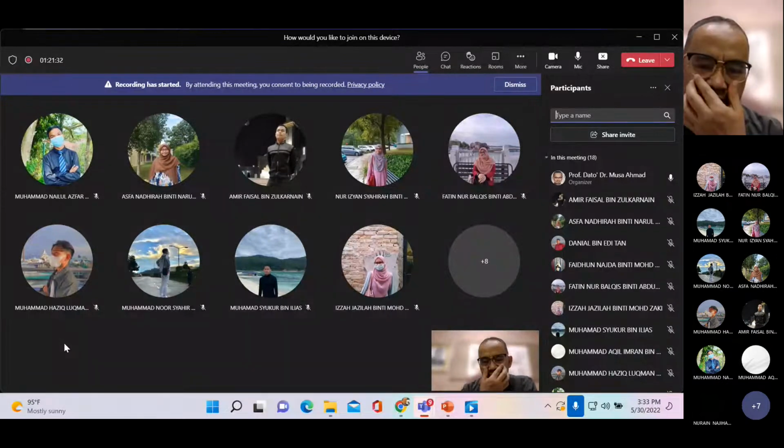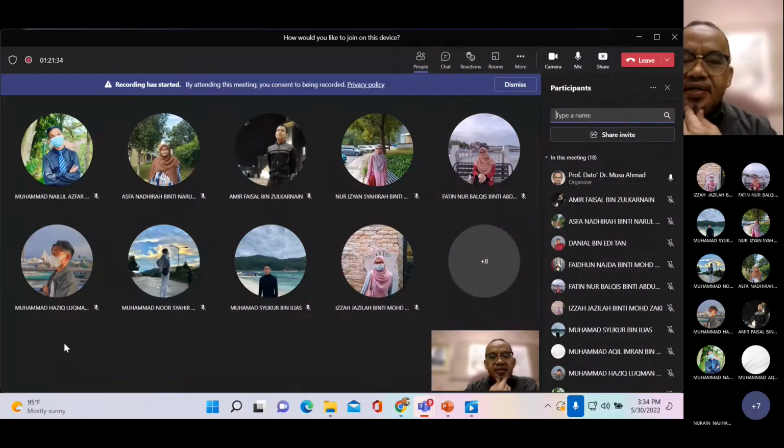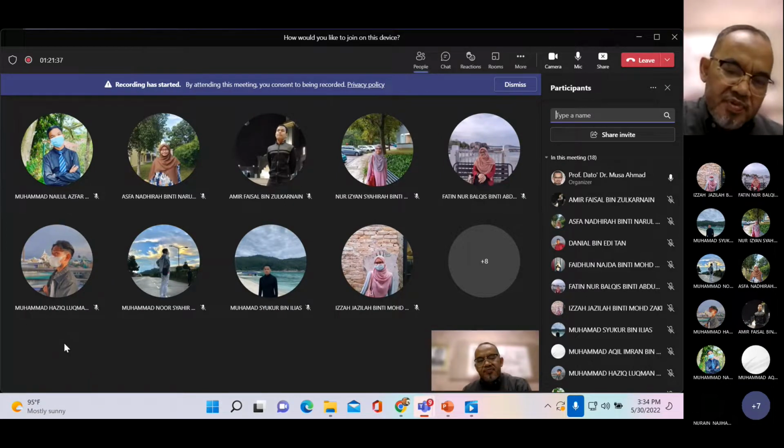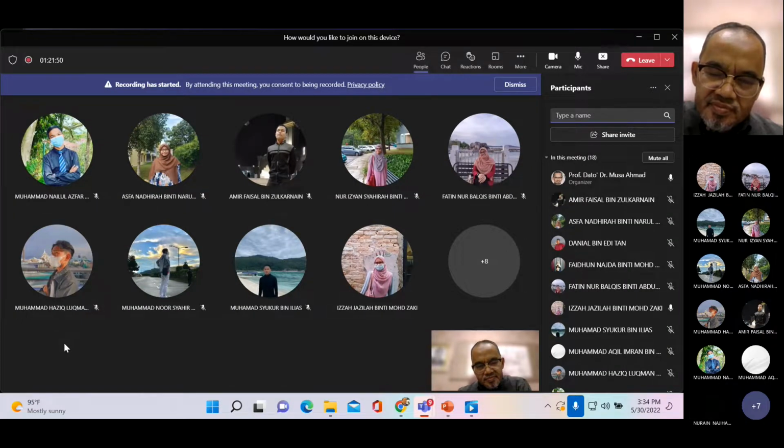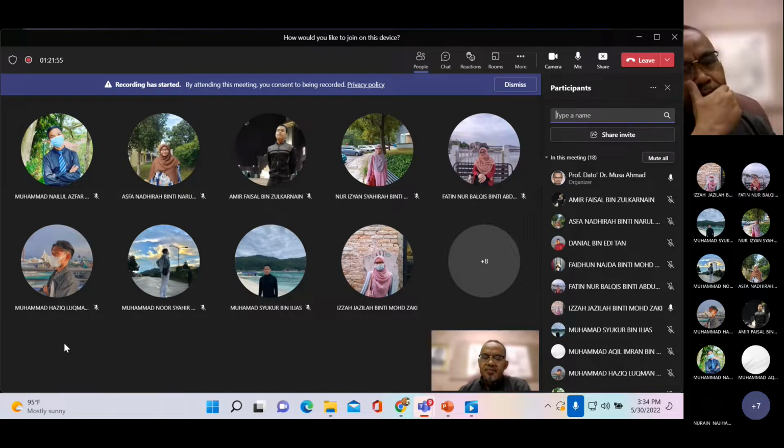Jazilah punya expectation macam mana? You rasa semua molekul boleh menyerap foton ke ataupun satu molekul je boleh menyerap foton? Semua molekul.